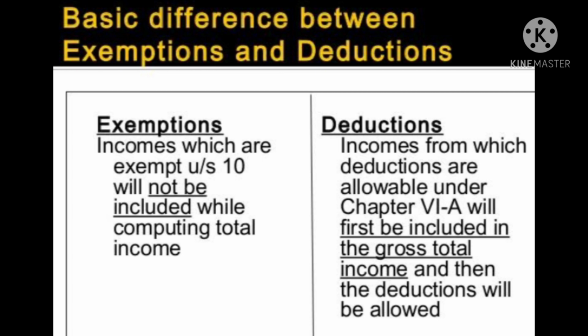But if my employer is paying my professional tax, that is an additional income for me, right? So first we have to add it when we are calculating the total income, and then we will provide it as the deduction. First we add it, after getting the gross total income, again we reduce it in the form of deduction. So I hope all of you understood the difference between exemptions and deduction.